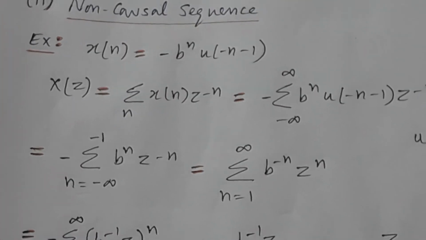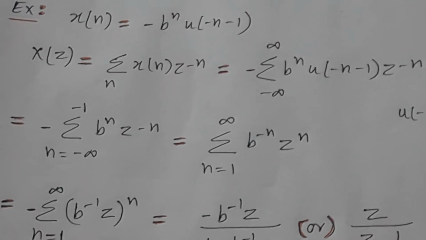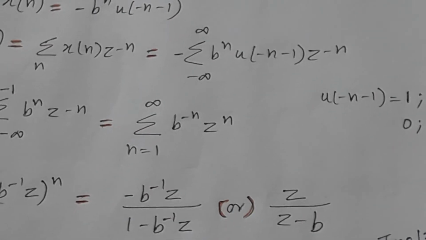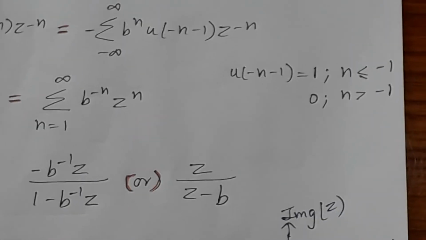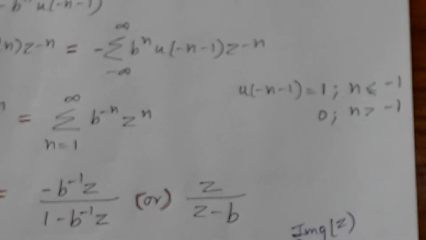Next will be the non-causal sequence. x of n is given as minus b power n u of minus n minus 1. Write the definition, substitute for x of n, and remove this u of minus n minus 1. The definition is 1 for n less than or equal to minus 1 and 0 for n greater than minus 1.